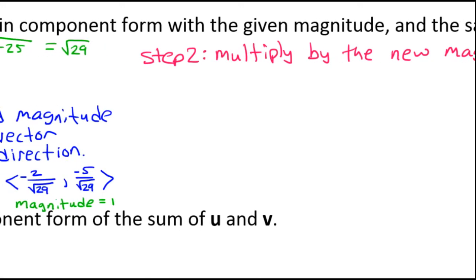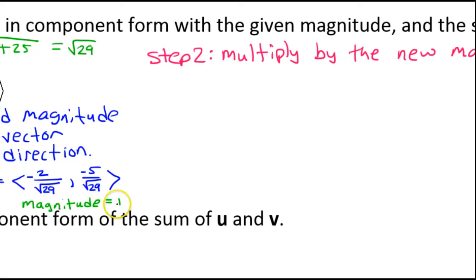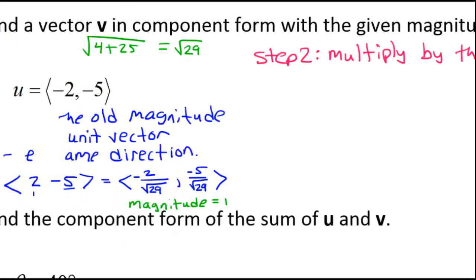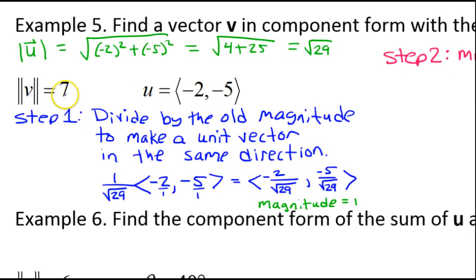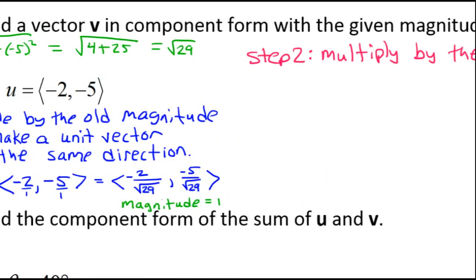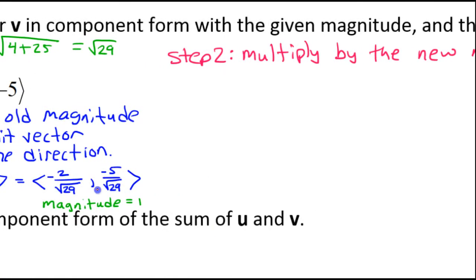If you take something that has a magnitude of 1, if I multiply it by 2, then I'll have a magnitude of 2. If I multiply by 3, I'll have a magnitude of 3. In this case, I want a magnitude of 7, so I'm going to multiply by 7. So I'm going to take this unit vector and multiply by 7 for step 2. So I'm going to do 7 times my unit vector.